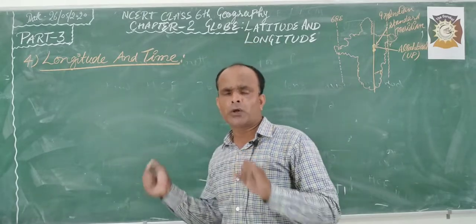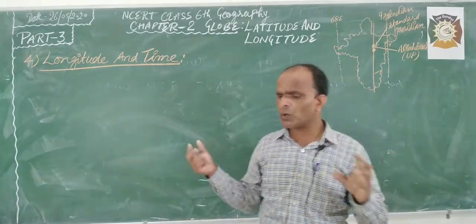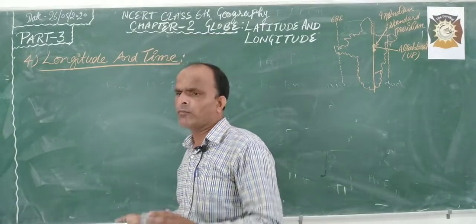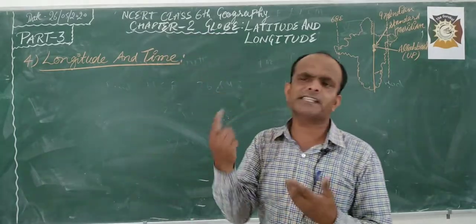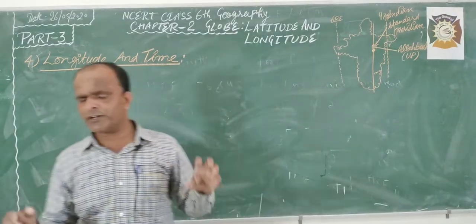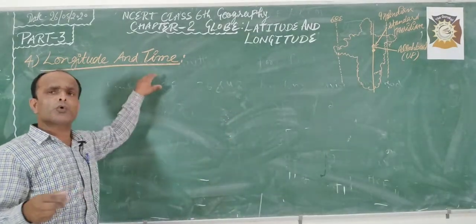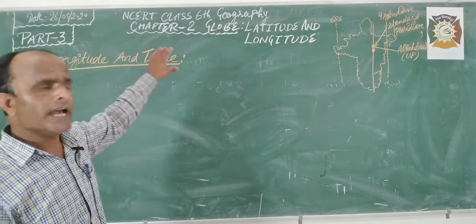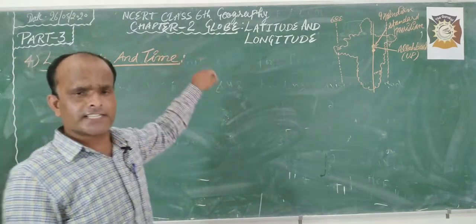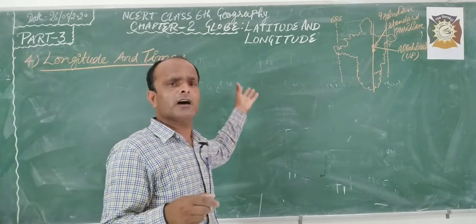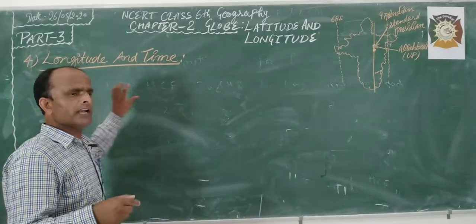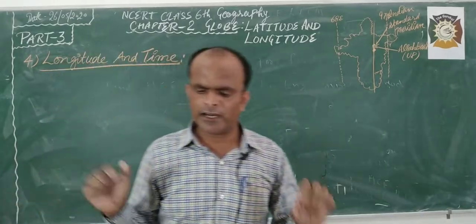And when the sun falls on any object, it creates a shadow. That shadow is the shortest at noon, and at sunrise and sunset it is the longest. So through the sun we can measure time.